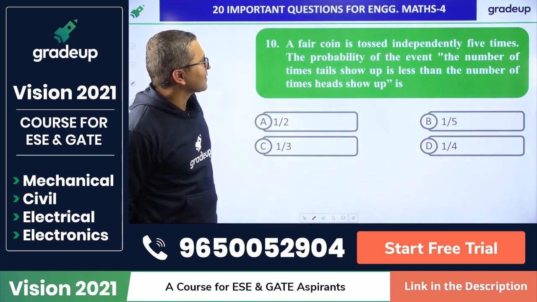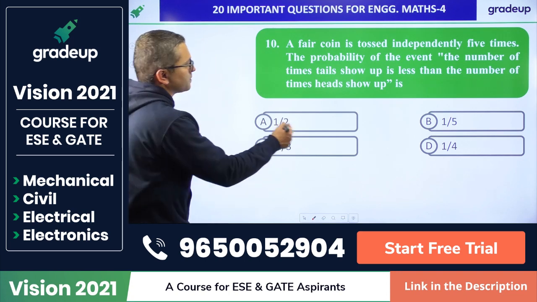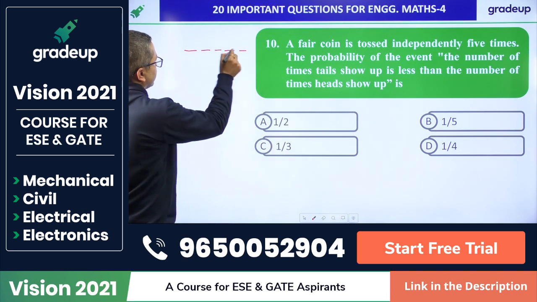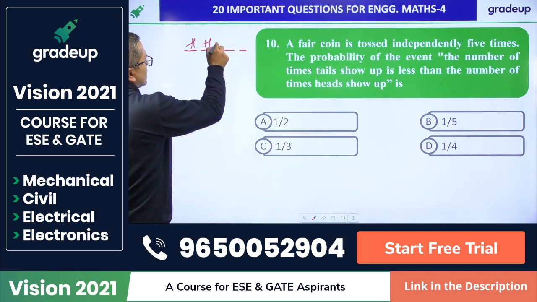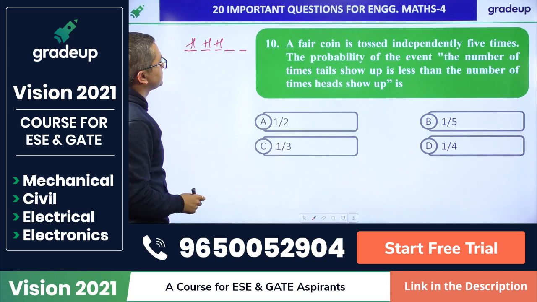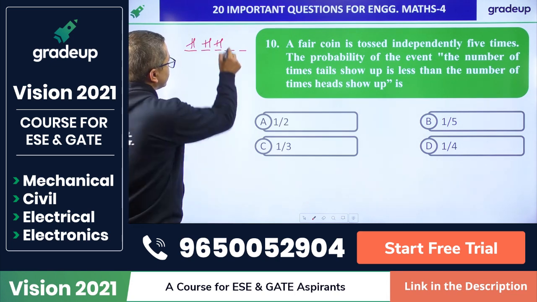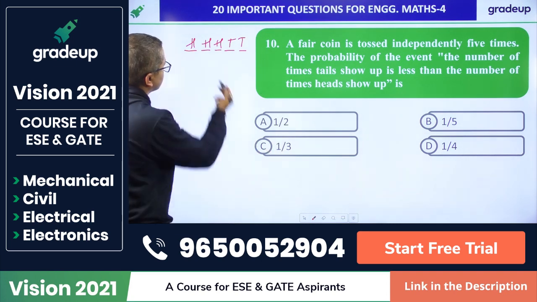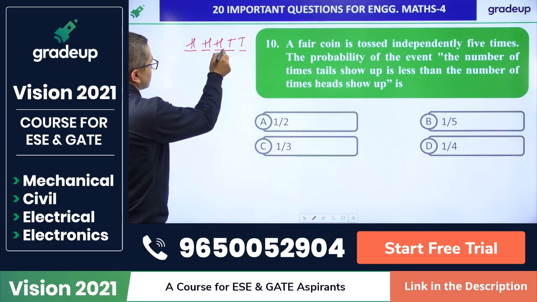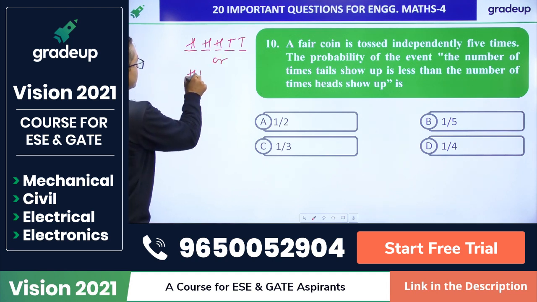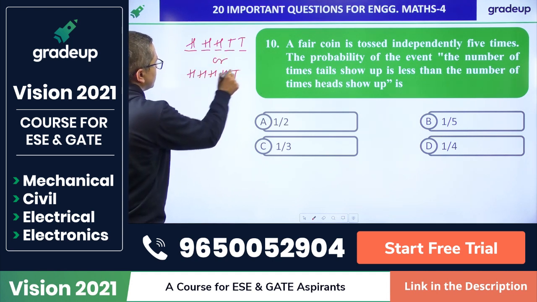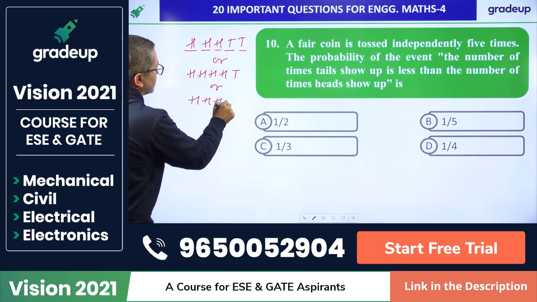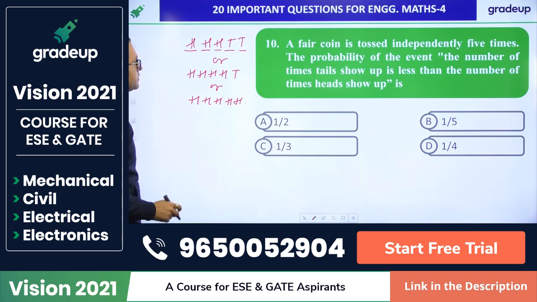So that means at least there must be 3 heads out of the 5. Then only tails are going to be fewer than heads. Or heads should be 4 times and tails once, or all 5 of them heads.